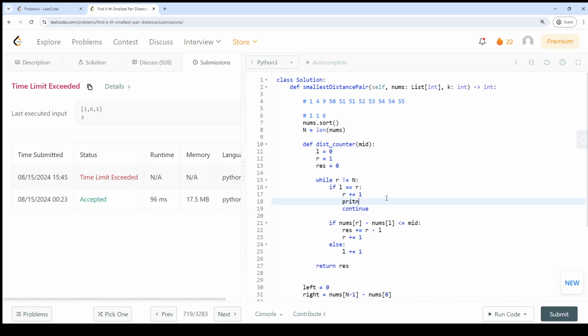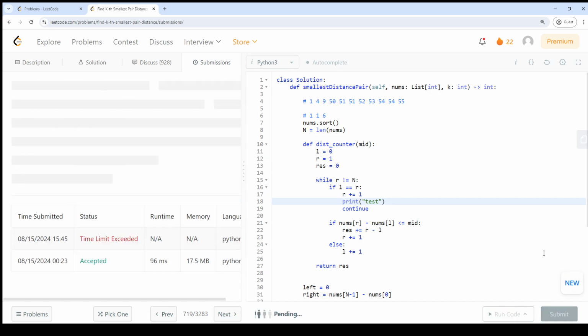Let's print here. I think this is not the problem. Print this test for this solution.